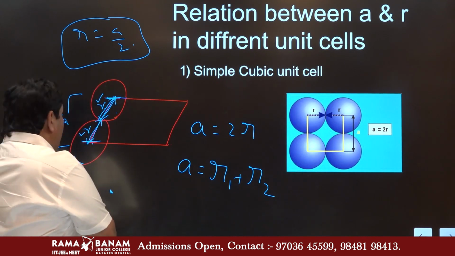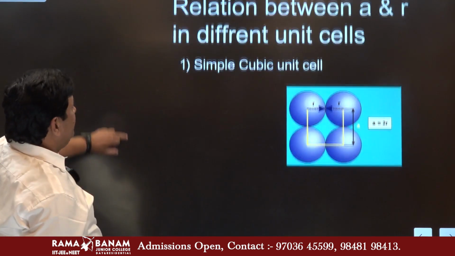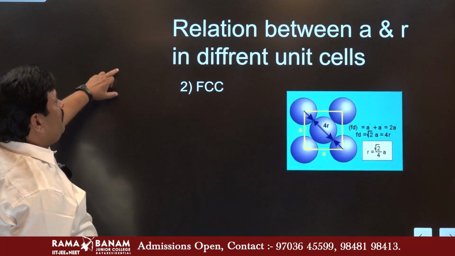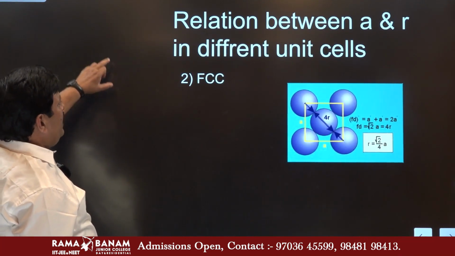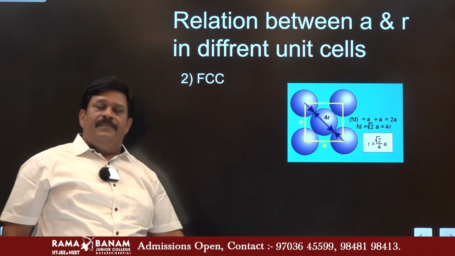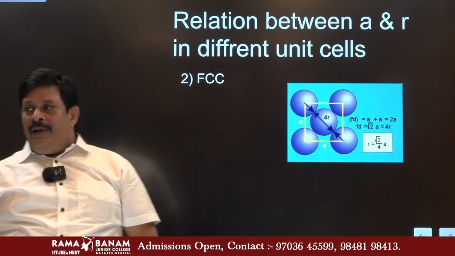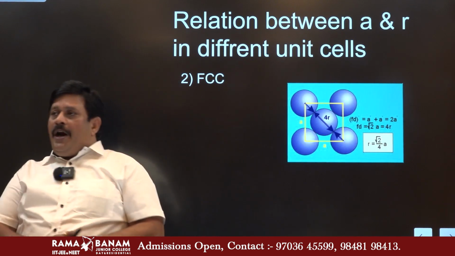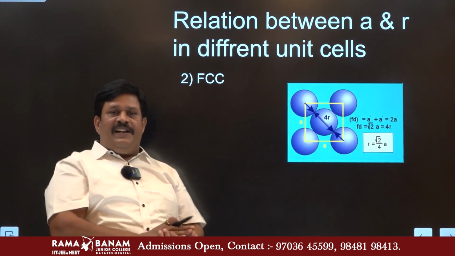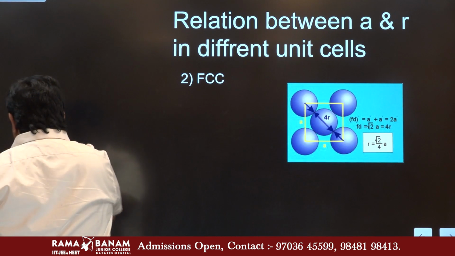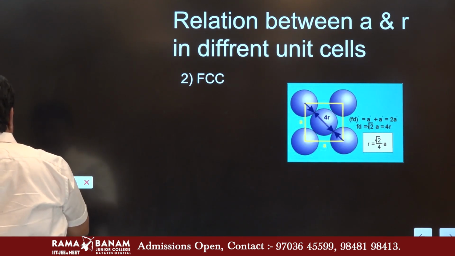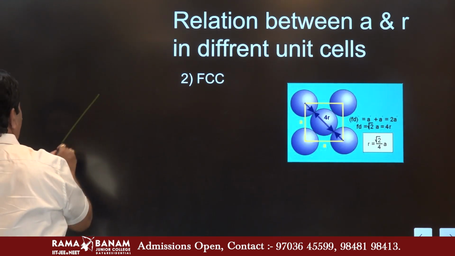Now coming to FCC. The relation between A and R in the unit cell of FCC. That is the FCC unit cell. The important point here is how the particles touch each other. One more time I will draw that face. Look at the board.